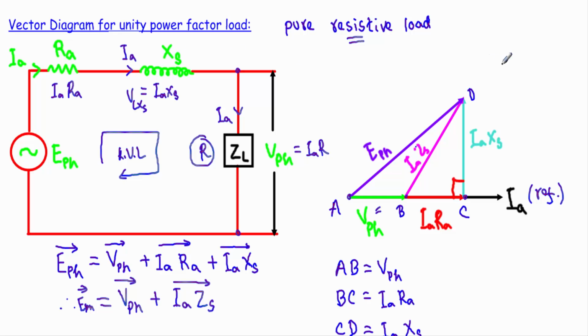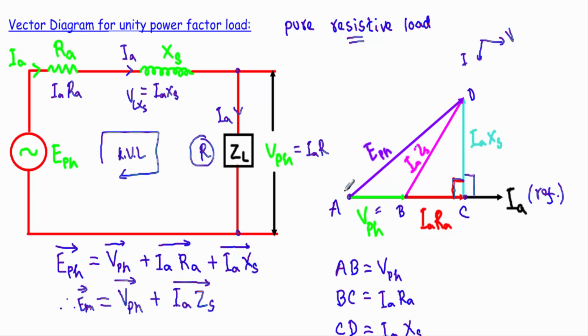See, as this is an inductive drop, in an inductor the voltage will be 90° leading from the current. Therefore if I take the IA in this direction, our voltage drop IAXS will be 90° from the direction of this IA. Therefore I will draw the IAXS in this direction, 90° leading with respect to this IA.